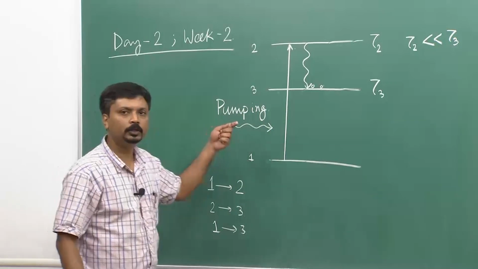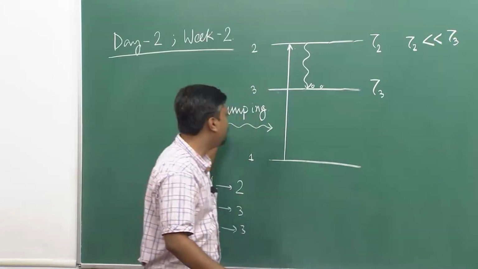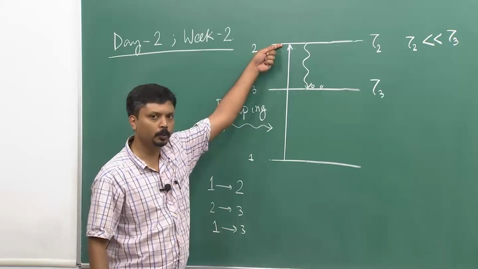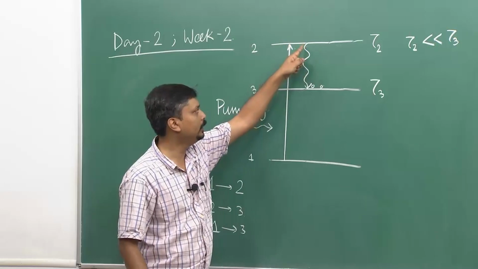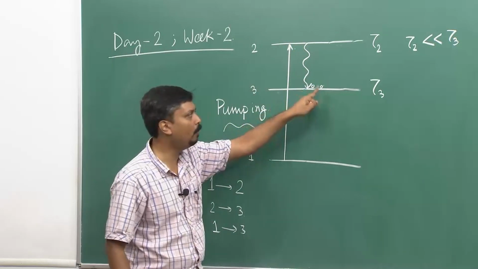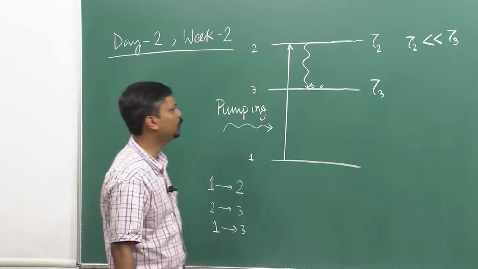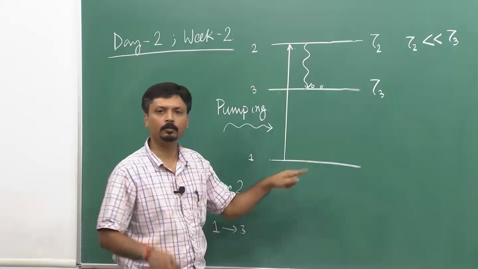The photons that we use are called the pump. So, I am providing a pump to take the system from 1 to 2, and then non-radiatively this population is transferred here. Now, tau 3 is fairly large, so the population will not decay down here very fast.